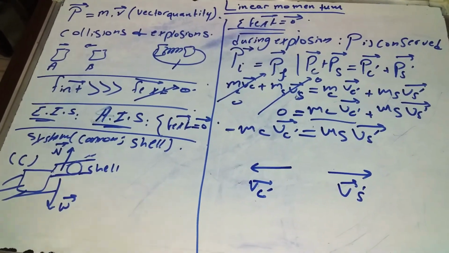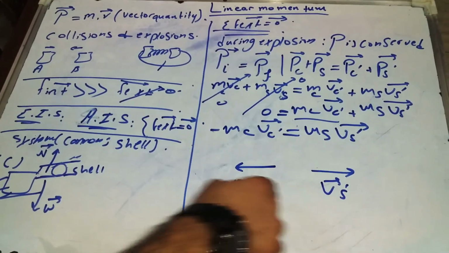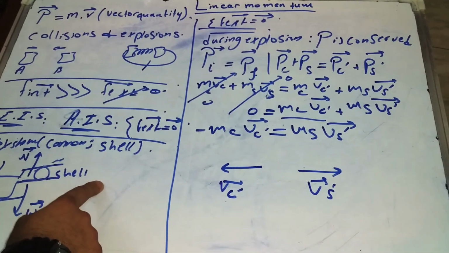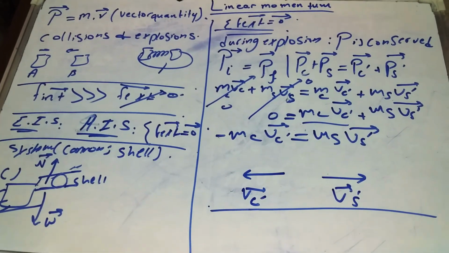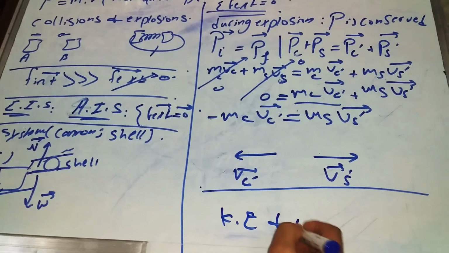But also I want to say that the velocity of the shell is much bigger than the velocity of the cannon. And in my next video I'm going to talk about the elastic collision and the momentum.